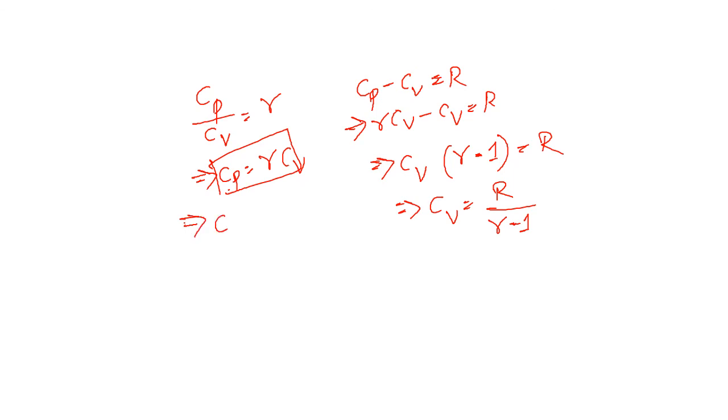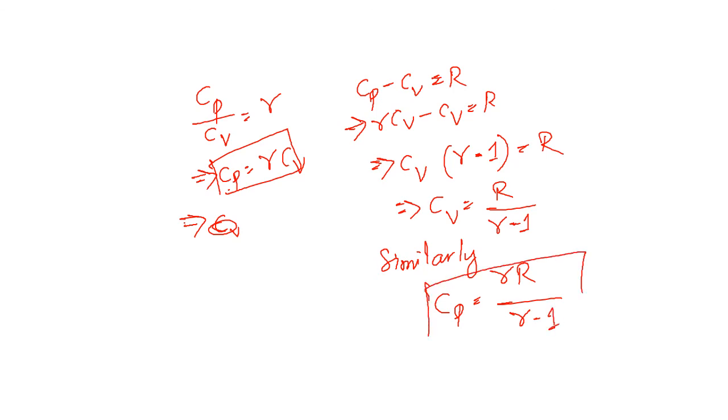Similarly, Cp equal to gamma R by gamma minus 1. Or just put Cv equal to Cp by gamma, from where you got this equation.